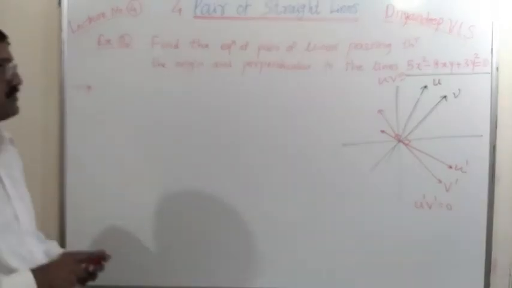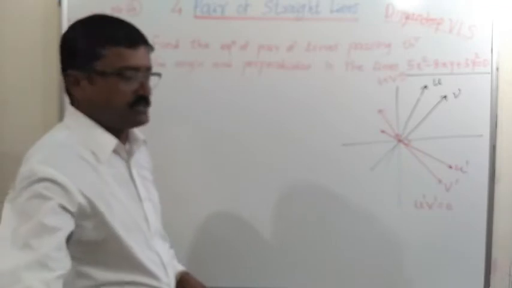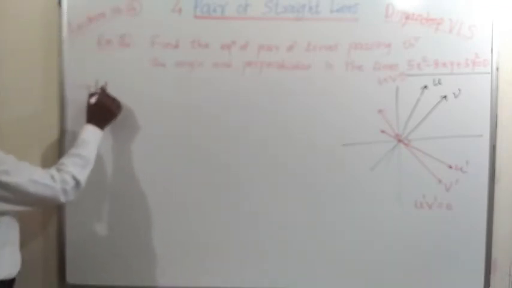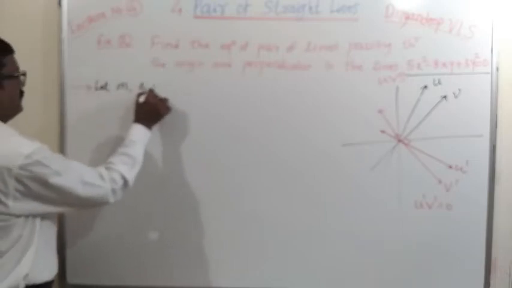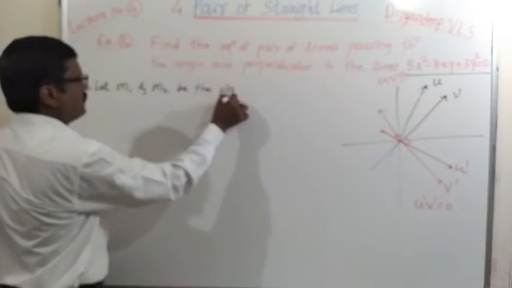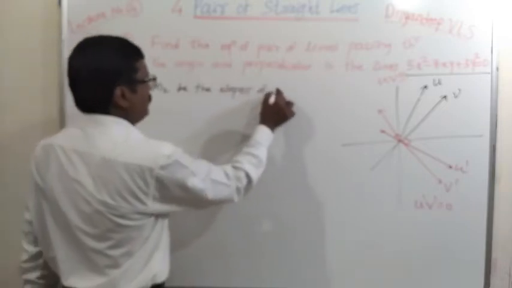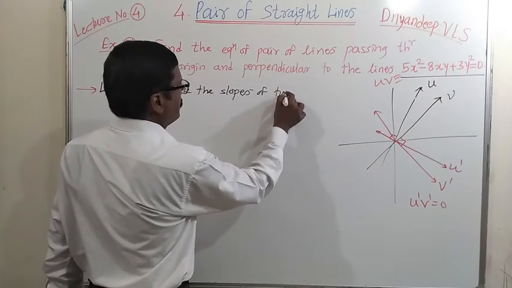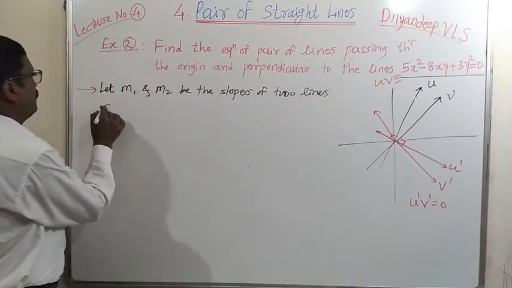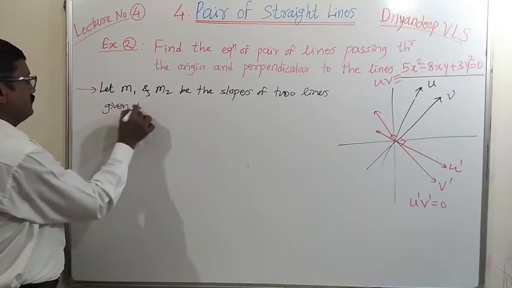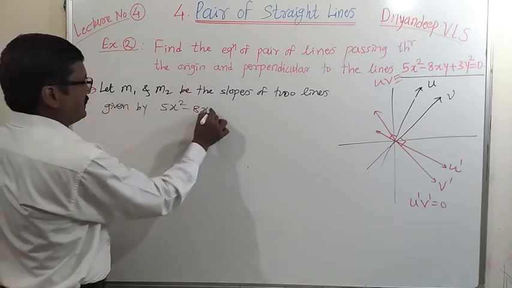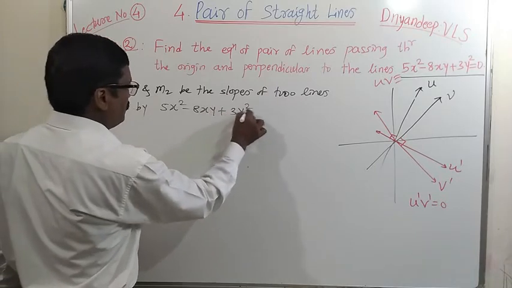There are two methods to find the equation of such two lines. Let us use one of them. Let M1 and M2 be the slopes of two lines given by that equation, that is 5x square minus 8xy plus 3y square equal to 0.